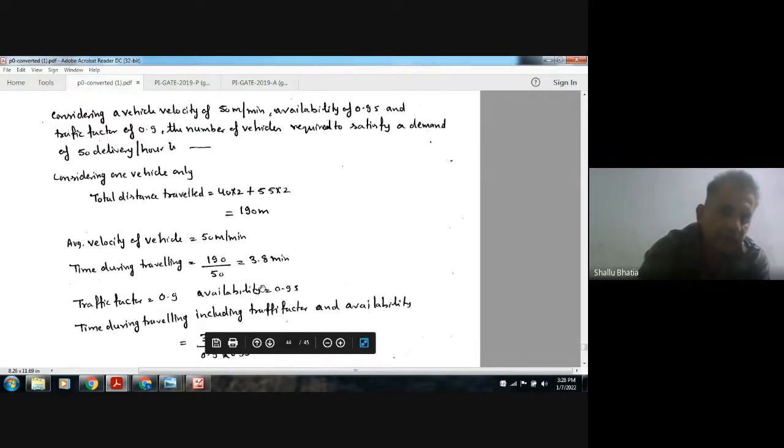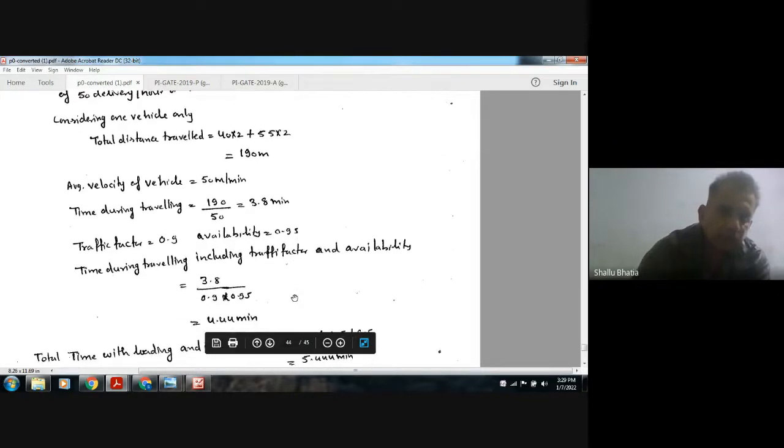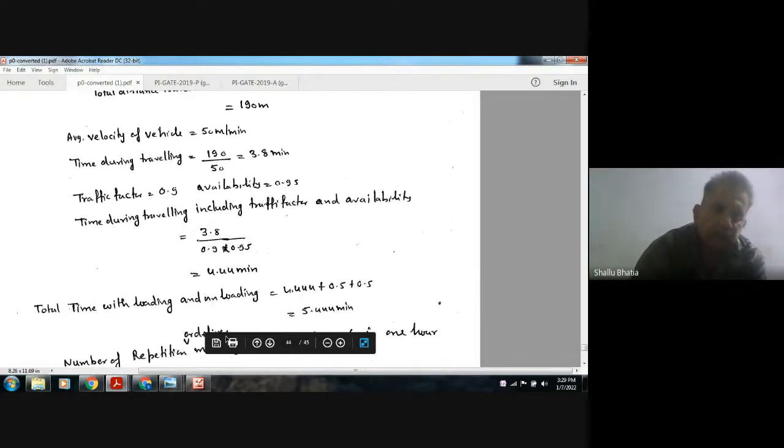Traffic factor is 0.9 and availability is 0.95. The time will be more because of traffic and availability, so if we divide by traffic factor 0.9 and availability 0.95, you will get the time as 4.44 minutes.